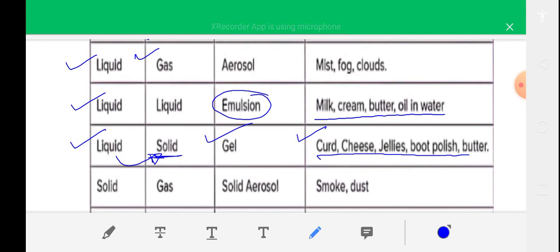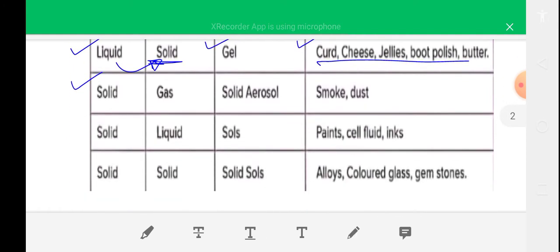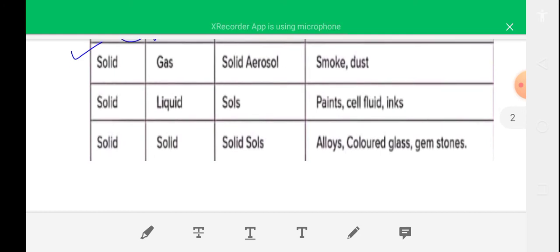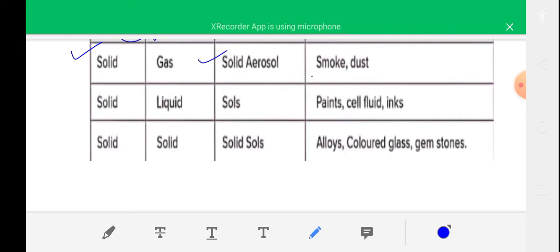Okay. Next type of colloid is solid in gas, in which the dispersed phase is solid but the dispersion medium is gas. These are known as solid aerosol. Examples of solid aerosol: smoke, dust particles. Next type of colloid is solid in liquid, that is, the dispersed phase is solid and the dispersion medium is liquid.